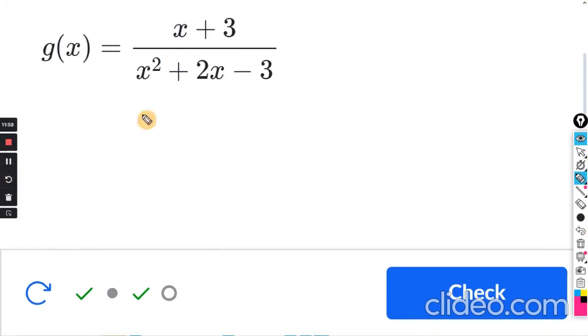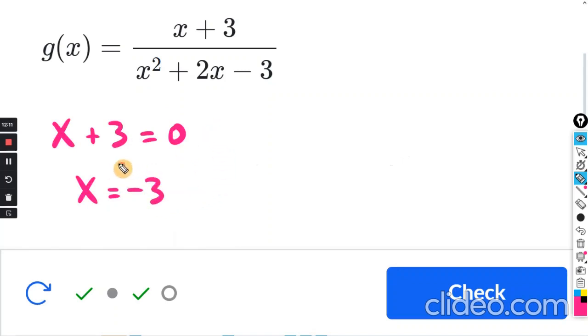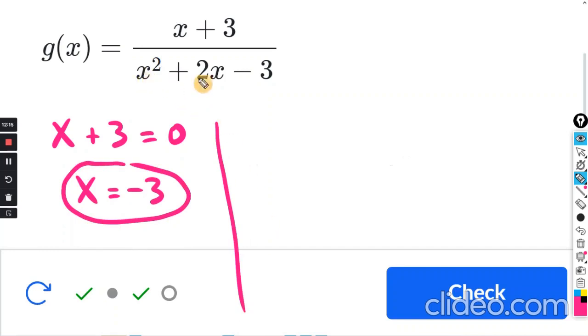Last one, numerator equals 0. So if we did x plus 3 equals 0, basically you get x equals negative 3. So that's pretty simple. And then the denominator, x squared plus 2x minus 3, that equals 0.